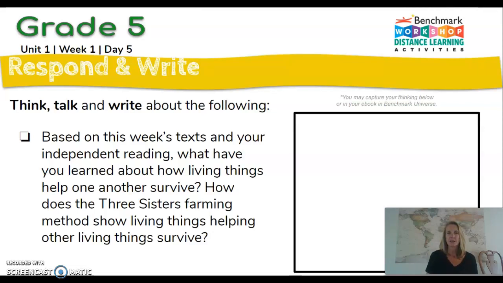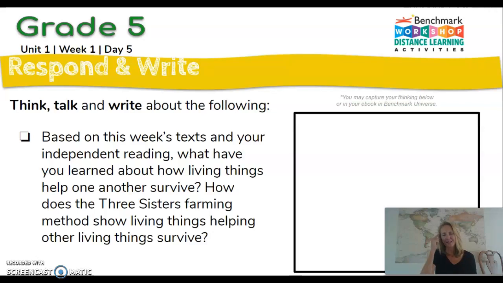How living things help one another survive. How does the Three Sisters farming method show living things helping other living things survive? All right, so think about those answers. And then in your English notebook, you'll be writing those answers in there.